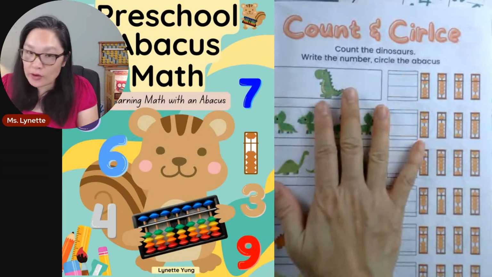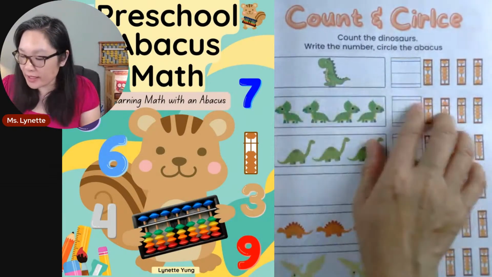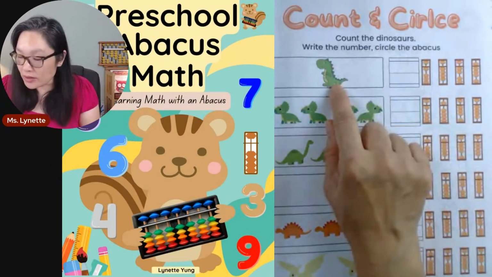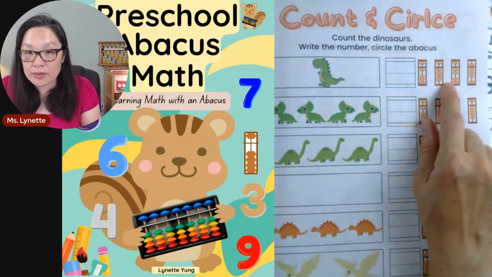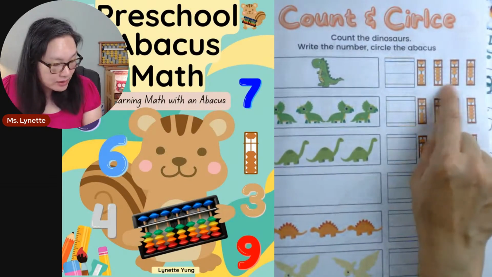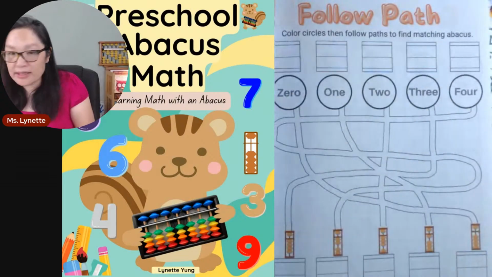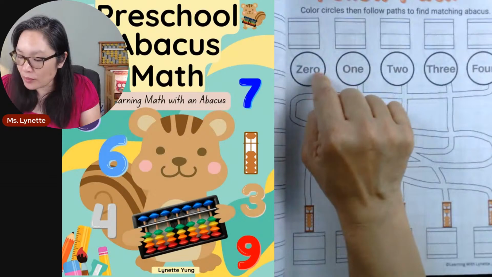This book is focused on abacus because I want them to understand how to relate these numbers, this item, to the abacus. So this is one dinosaur. I want them to trace the number, and then I want them to find the abacus. And then this was just a nice maze, like follow the path. They would trace the number.